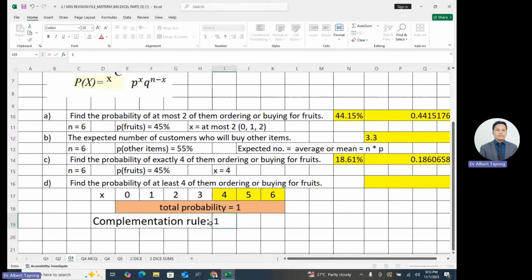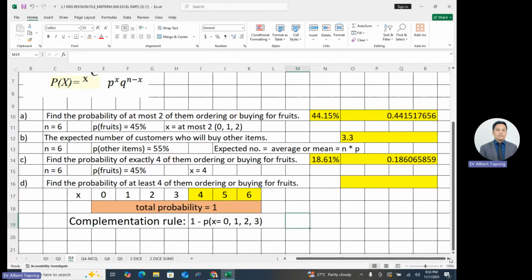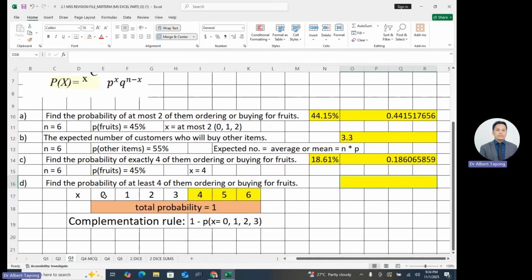Okay, so 1 minus P of X equals 0, 1, 2, and 3. It's the opposite. Yeah, so if we have 1 minus this, it is the remaining 4, 5, 6. So we can apply this principle to answer this question easily.